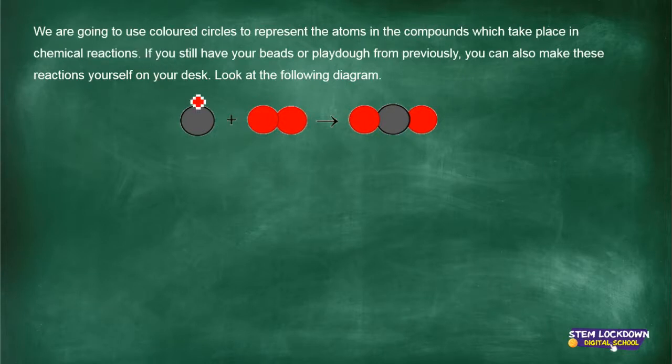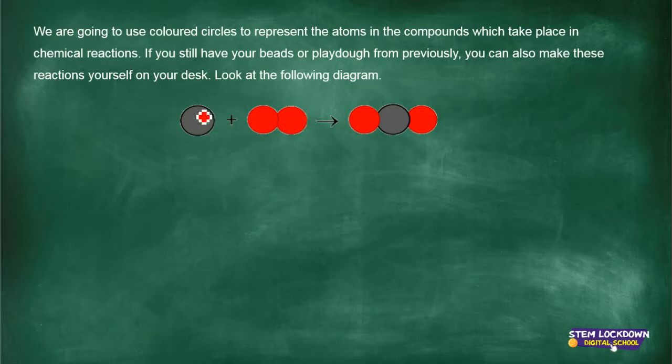This is part of the picture from the first slide that's missing. I'm going to show you what the reactants and the products are in the form of particle arrangements. We are going to use these colored circles to represent atoms. This grayish circle here is one atom, and these red circles here are another atom of a compound.